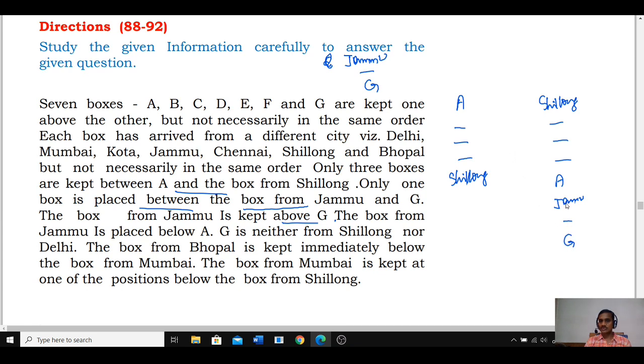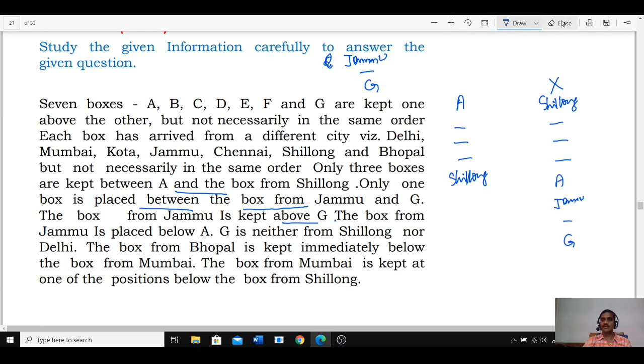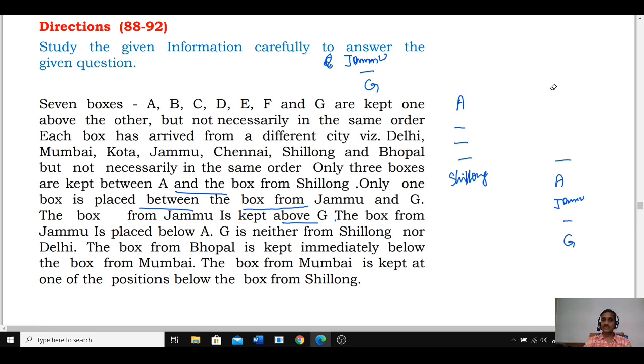Right? 1, 2, 3, 4, 5, 6, 7, 8 is done. But we must have only 7. And this case is completely ruled out. Hence we are left with this one. So where are they? A must be here, then 1, 2, 3, 4 and so on. Then next one. Hence A is before the Shillong.